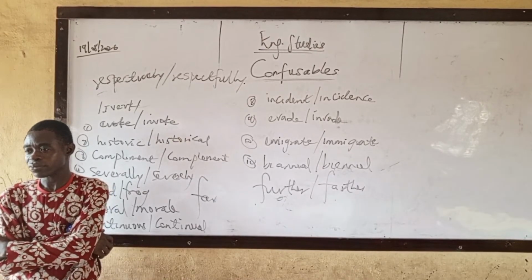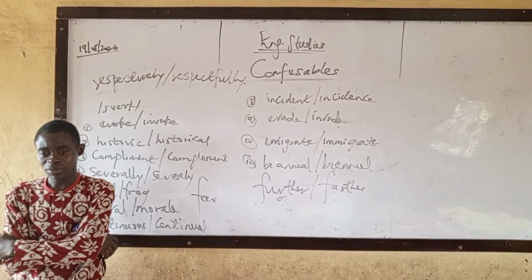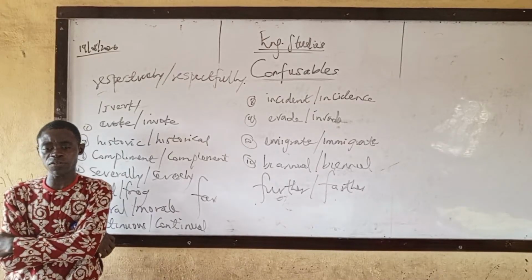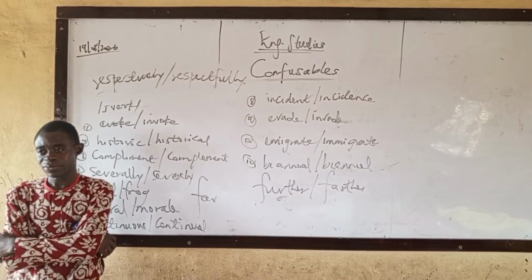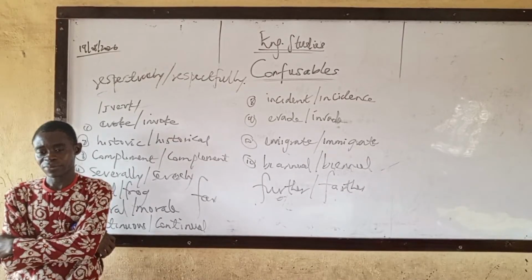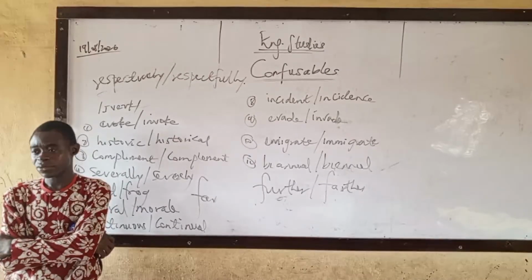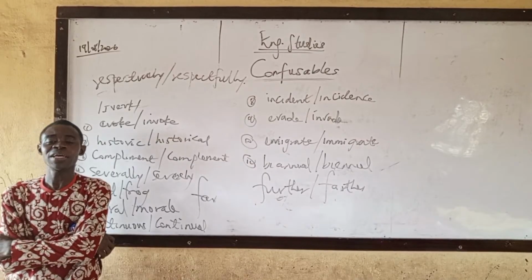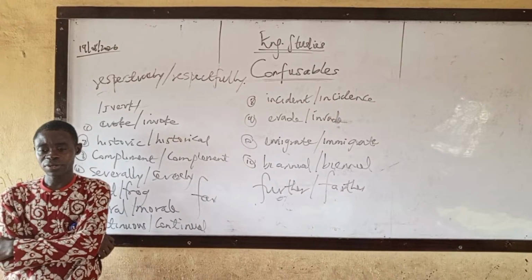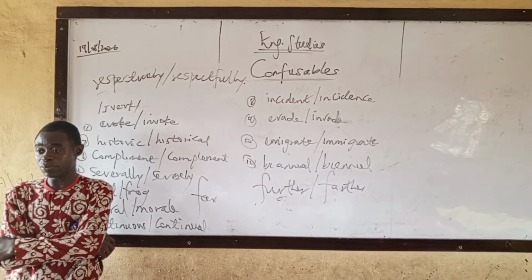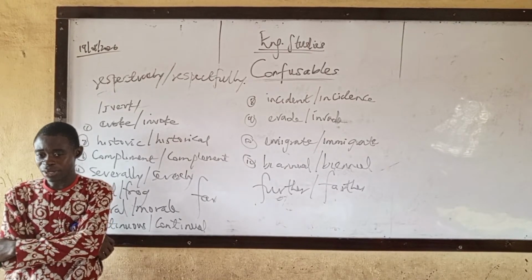Number 7, bouquet, collective name for flowers. Bouquet. Number 9, indelible. Something is indelible when it cannot be erased. Indelible.